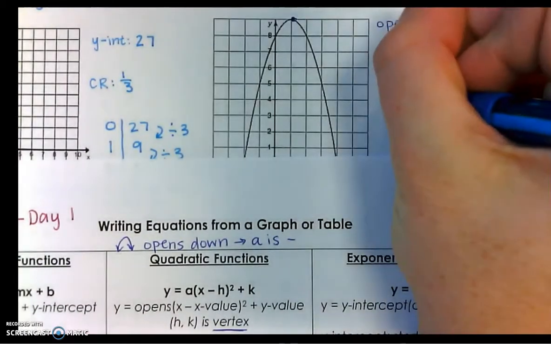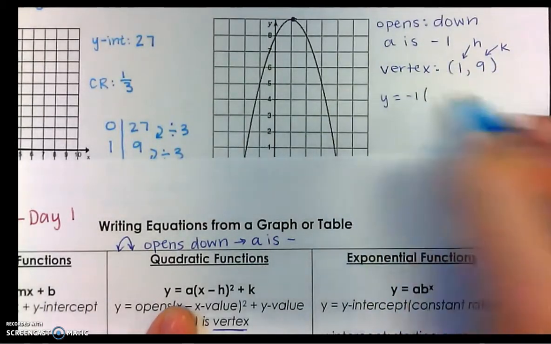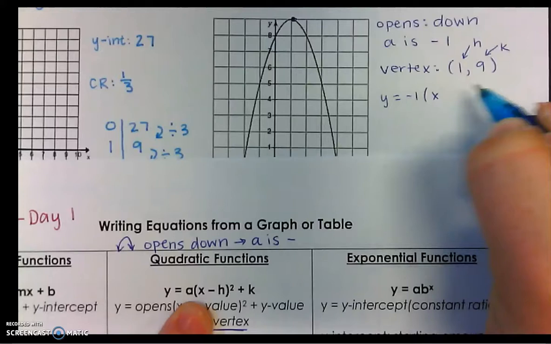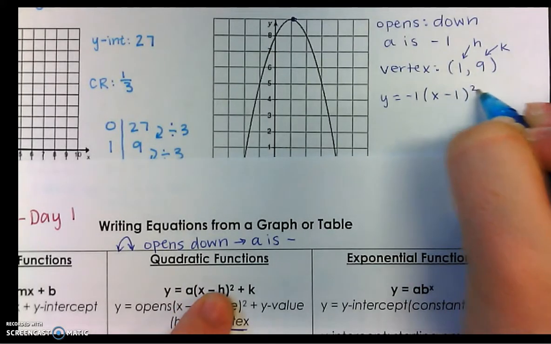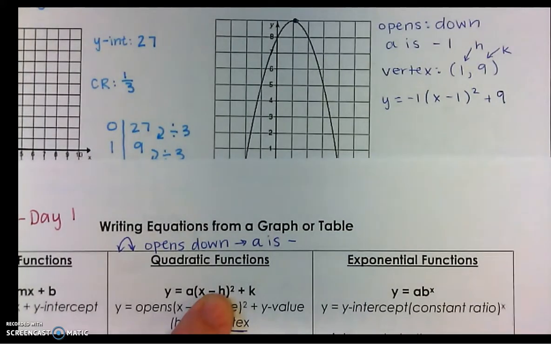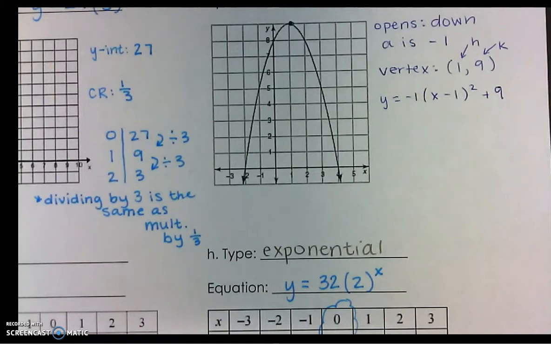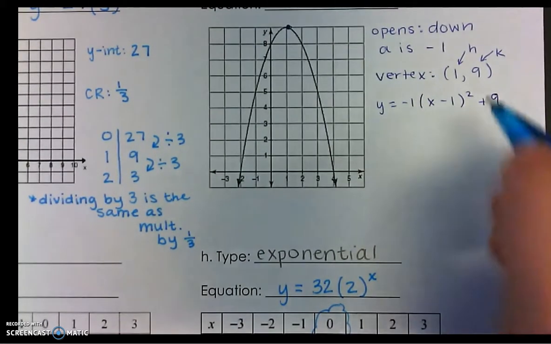So y is equal to a, and my a is negative 1, times x minus h, so minus 1, squared plus k, which is 9. That is my equation in vertex form. Now I have to multiply it out to get it to standard form for my final answer.